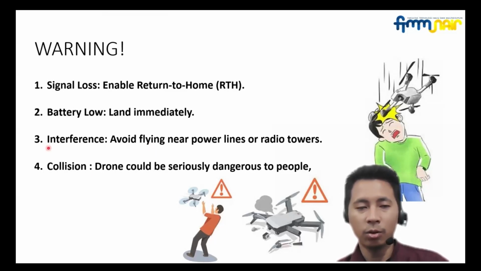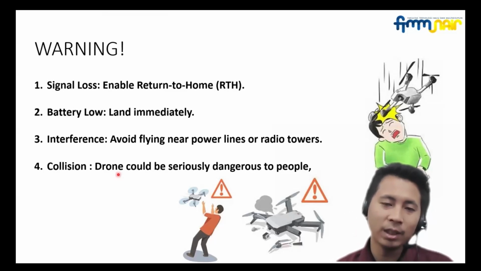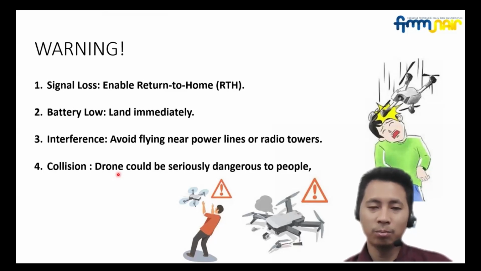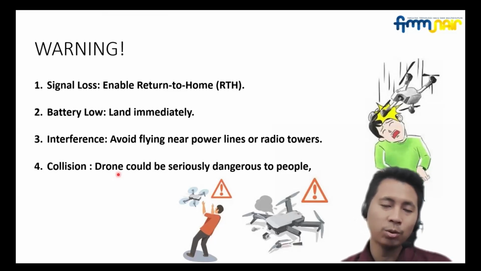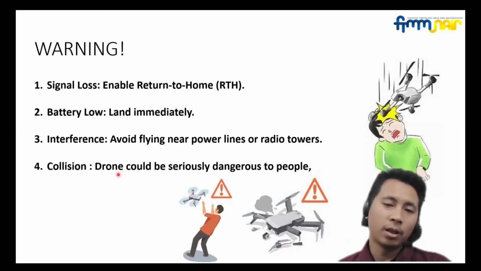And for collision, it is really important, because a collision from a drone could be seriously dangerous to people. Many drones do not use propeller guards, and it can harm you.